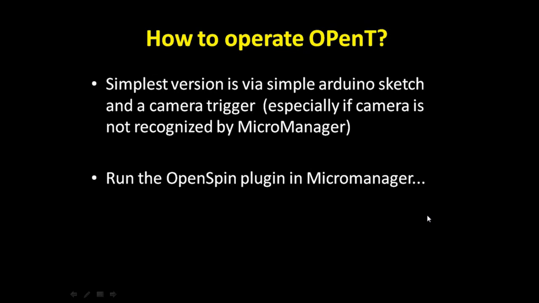So how do you operate the OPenT system? There are actually two simple ways of doing it. One is by just using the sketch. This is built on Arduino, and for those of you who are not familiar with Arduino, Arduino is basically a microprocessor board that allows you to very easily control and make software to control things like small robots and motors and lights, which is just perfectly suited for this project.